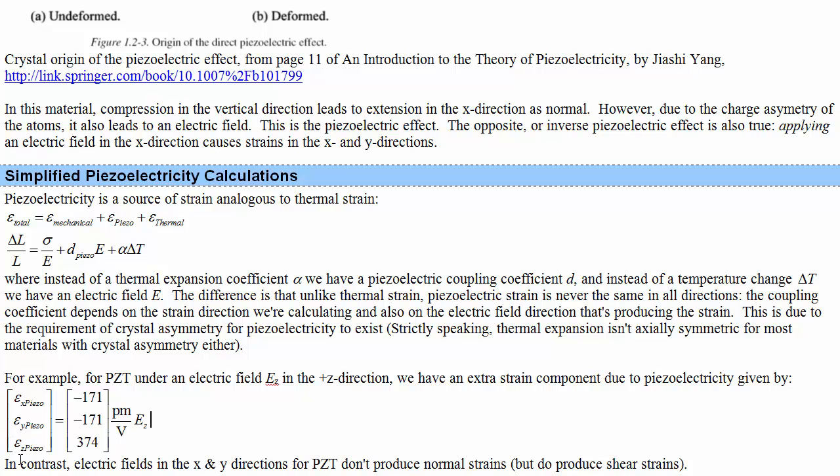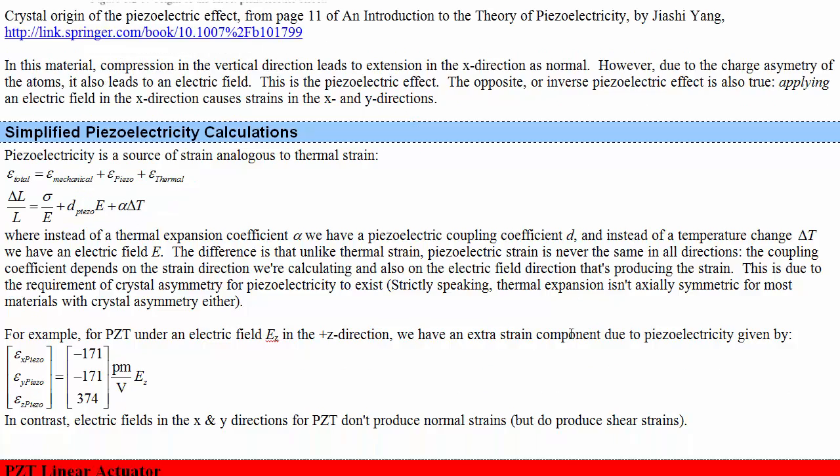These strains in these directions would consequently cause electric fields in the Z direction as well. We're not going to look at the production of electric fields from strains until we get into the next lecture, though. So for now, let's just assume that you've been given the electric field in all of the calculations, or at least given material that lets you find the electric field, like the voltage and the displacement it's applied across, and you're going to be using that and an equation like this to figure out what the strains are.